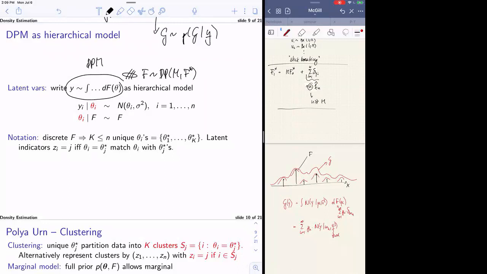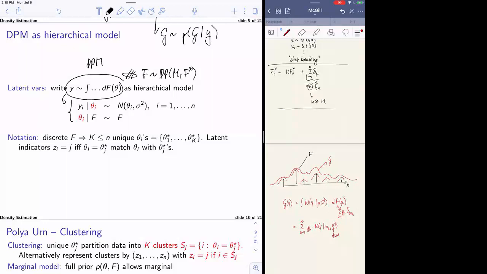If you replace this mixture here by a two-liner, and if you have worked with mixture models before, that's kind of a natural thing to try. Augment the model. All we are doing here is augmenting the model with latent parameters theta_i. So we are adding these latent theta_i's, where we say y_i given theta_i comes from the normal kernel.